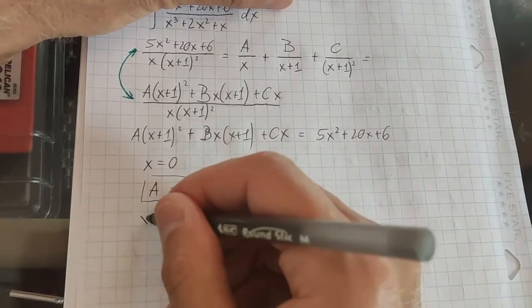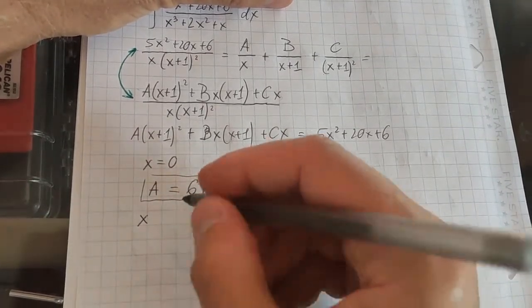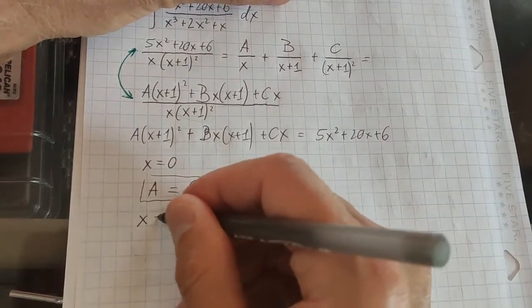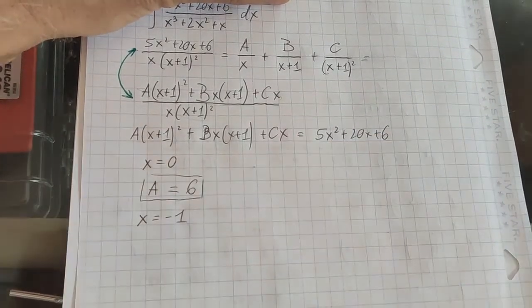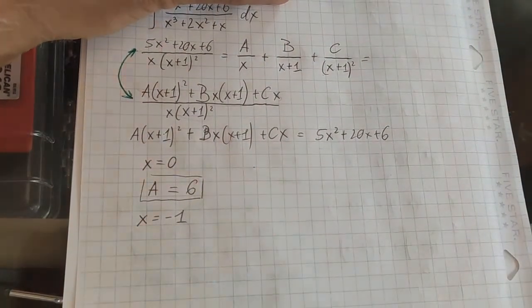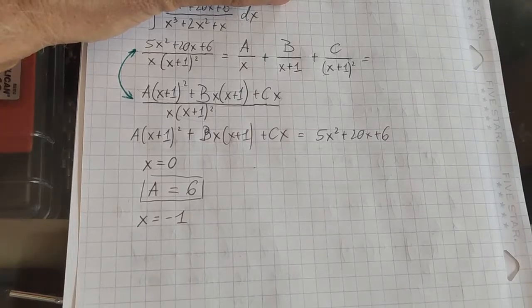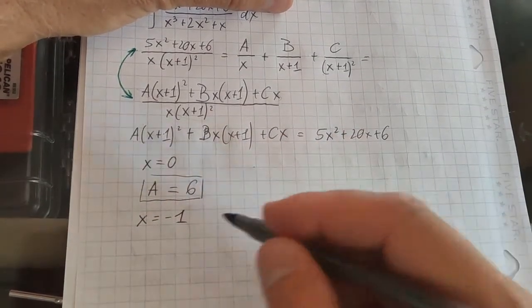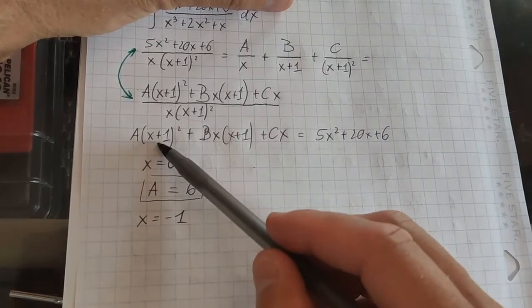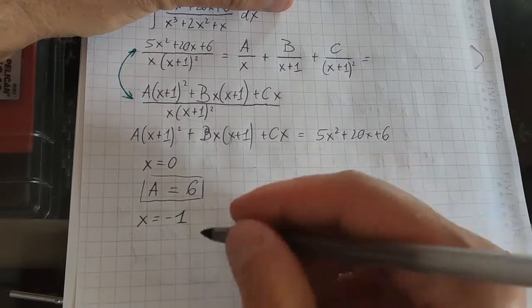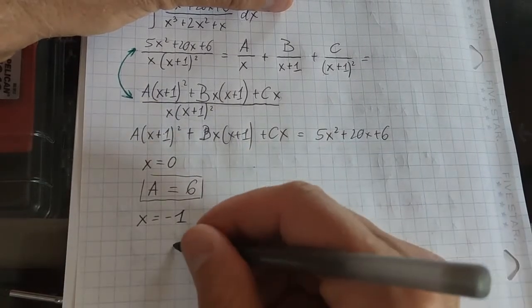Another x that I can pick is negative 1. Okay, so let's do that. So here on the left I have 0 plus 0, but here I have negative C, right?